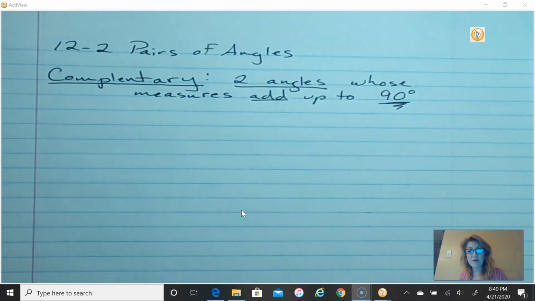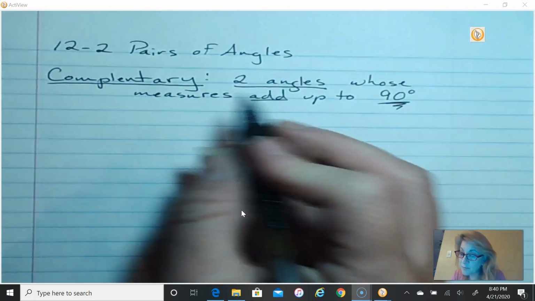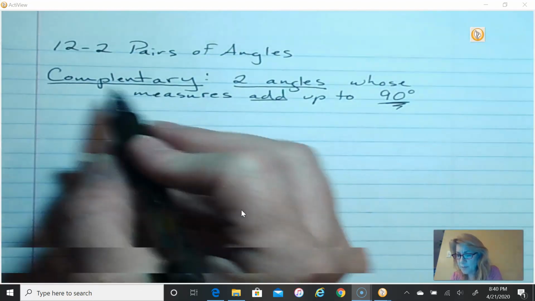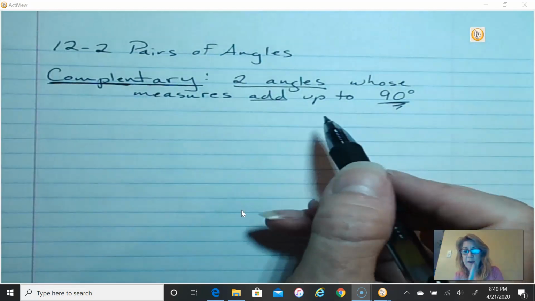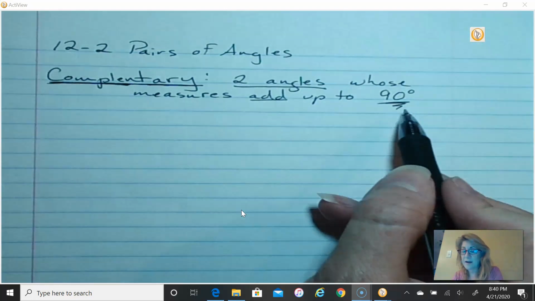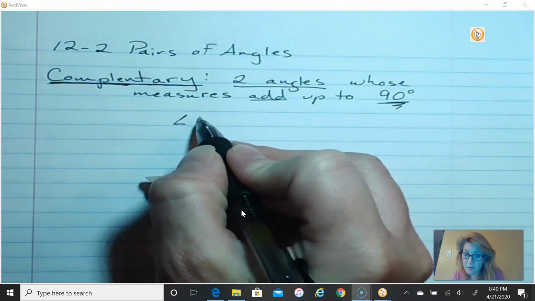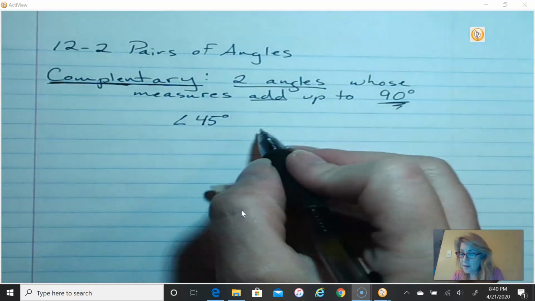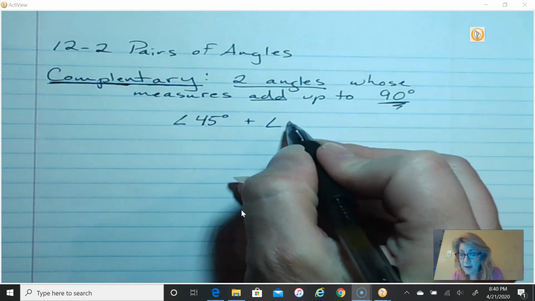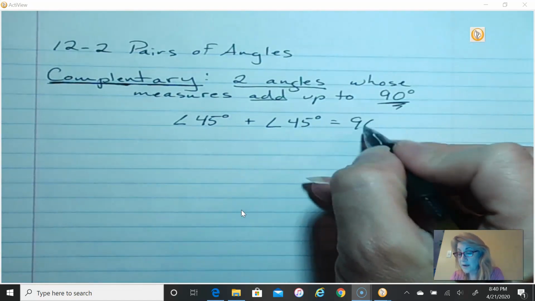If you guessed 180 because you get the two confused, then that's what's coming up next. But first, remember complementary, two angles whose measures add up to 90. For example, if I had a 45 degree angle plus another angle that was 45 degrees, that would be 90 degrees.